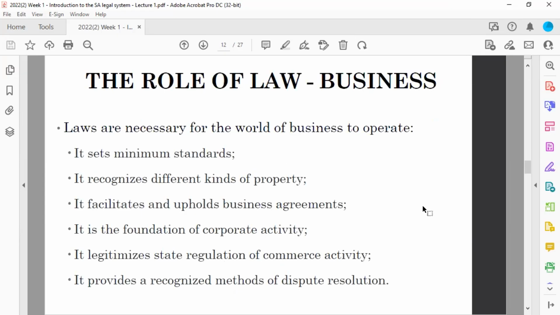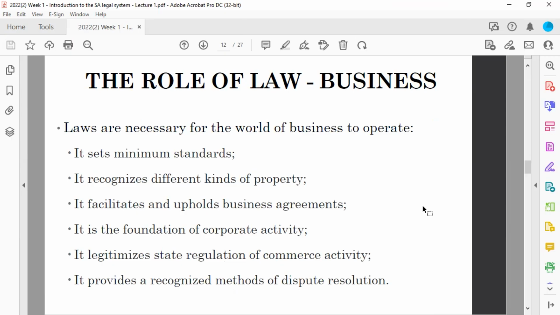So the other question from this first set of slides deals with the purpose of the law in commercial activity, or the role of the law within business relations.